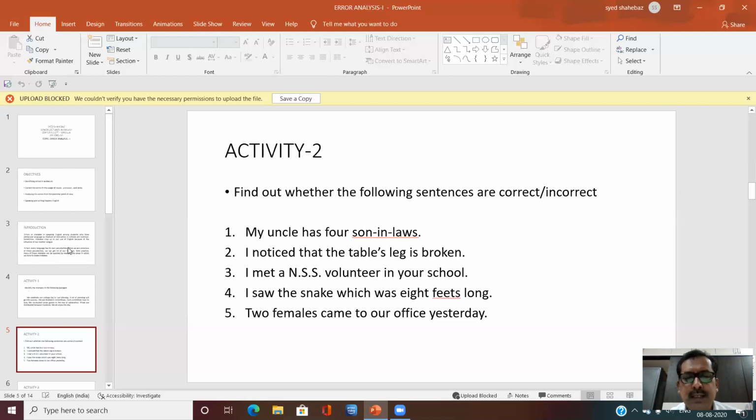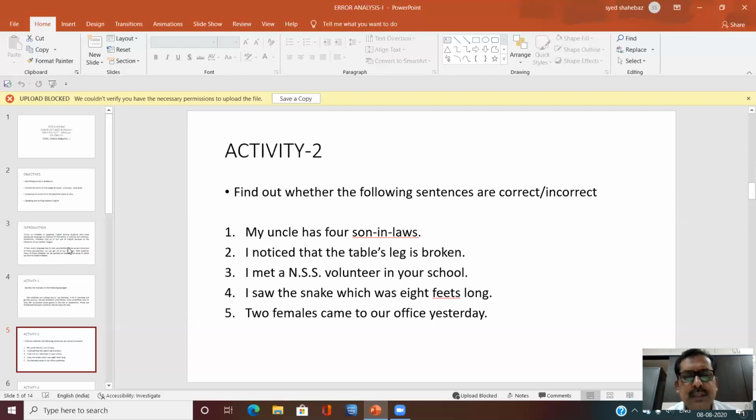An NSS, not a NSS. So here the grammar rule is, before the words that give a vowel sound, we have to use an. Here the vowel sound is E, and in N, we are getting the E sound. So we have to use: I met an NSS volunteer in your school.